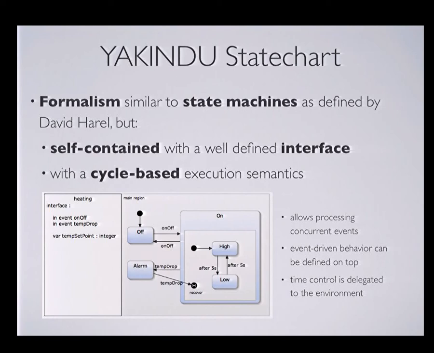This cycle-based execution semantics allows us to process concurrent events, because we decouple the execution of the Statechart from the occurrence of events at its interface. And we can easily integrate an event-driven behavior by just defining a driver that drives the execution of a Statechart whenever an event occurs at its environment. So the approach is a bit more flexible than what you expect from a classical event-driven Statechart.